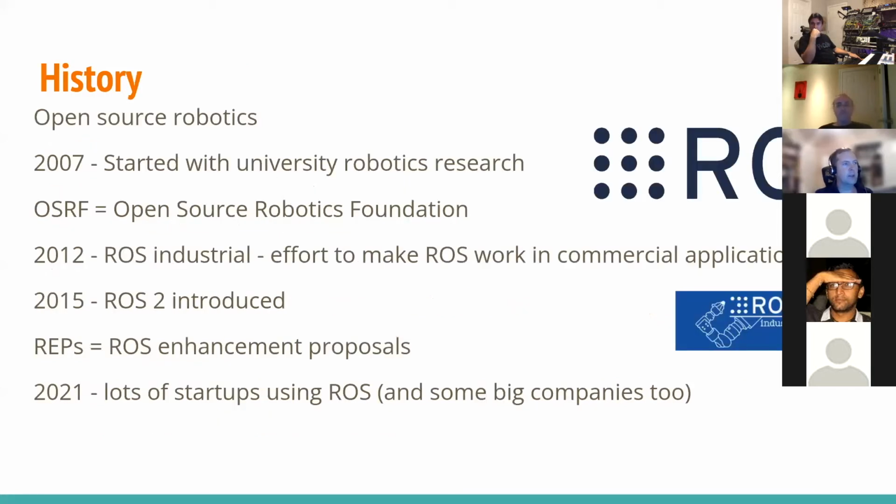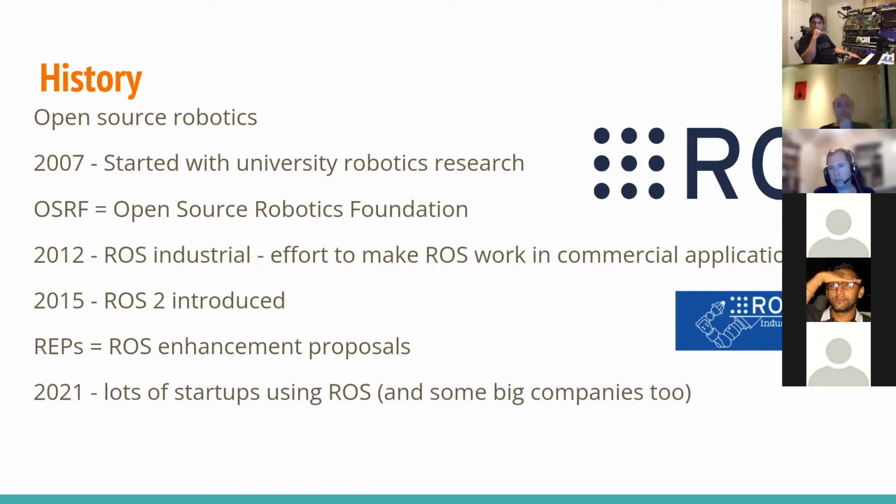Okay, history. ROS first started in 2007. It was originally a lot of university robot research. Back then, robotics was kind of just in the university labs, and they established an Open Source Robotics Foundation to work on it. There have been some companies throughout the years that have sponsored it.